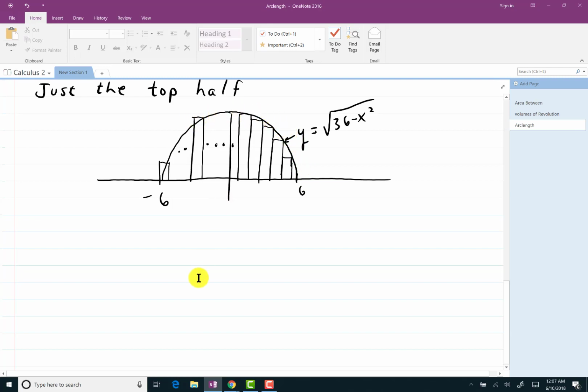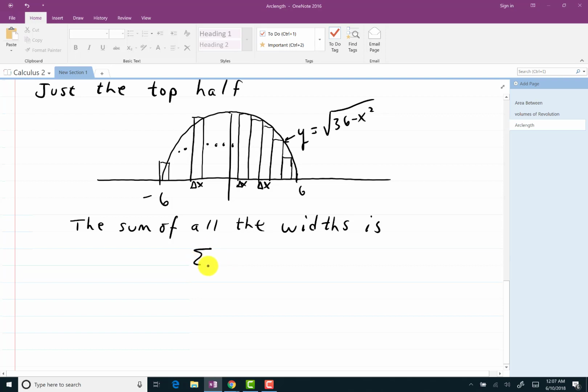Well, if each of the rectangles is of width delta x, then the sum of all the widths, all these are delta x, that was for convenience, we would do the summation of delta x, k equals 1 through n.